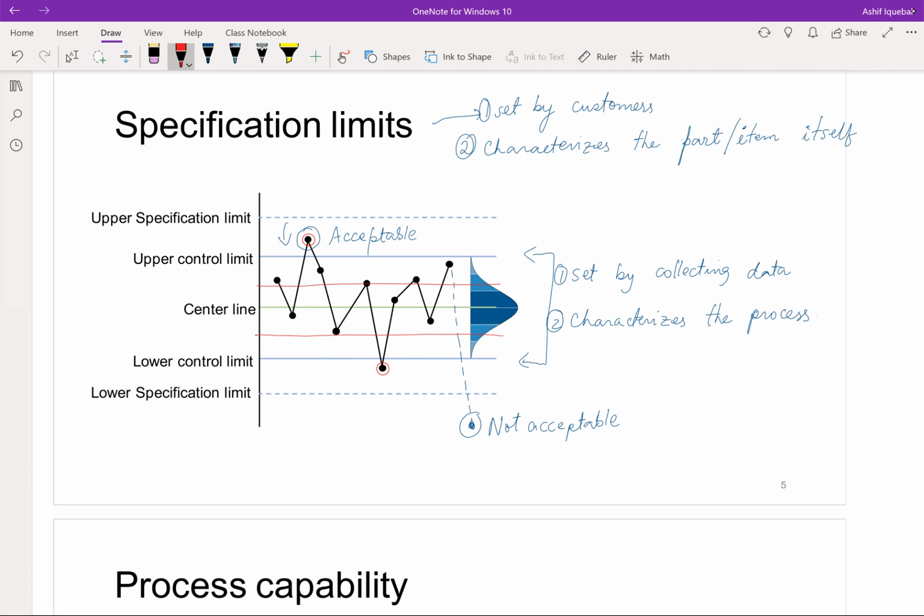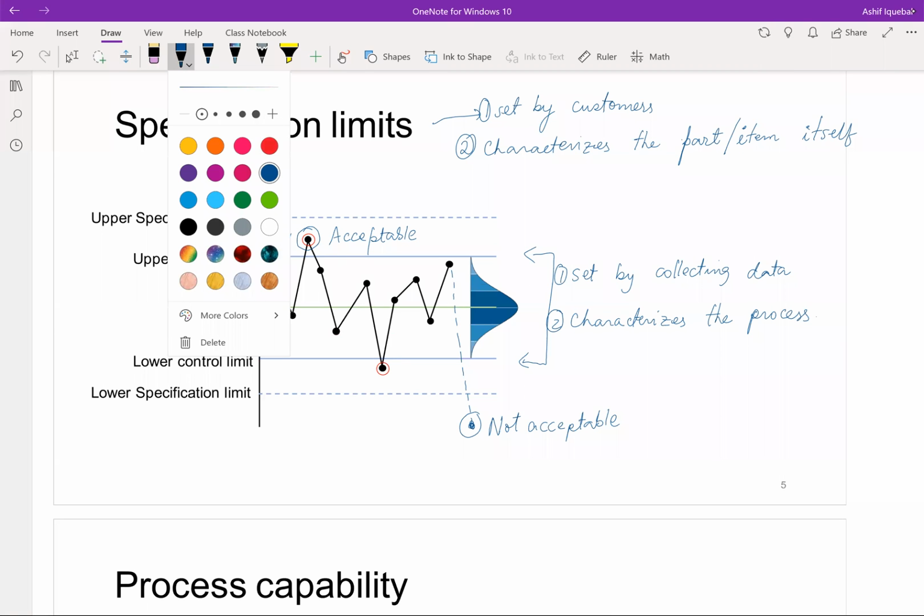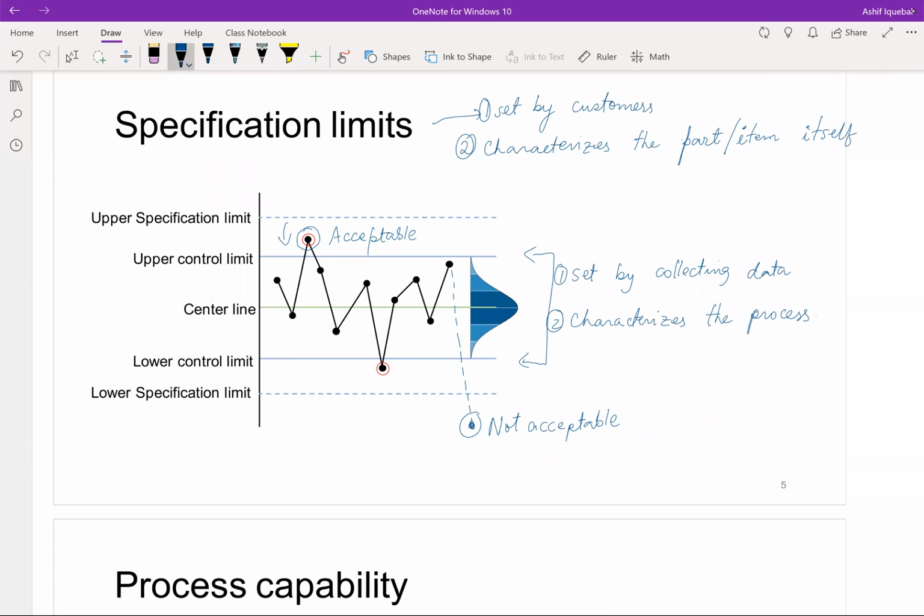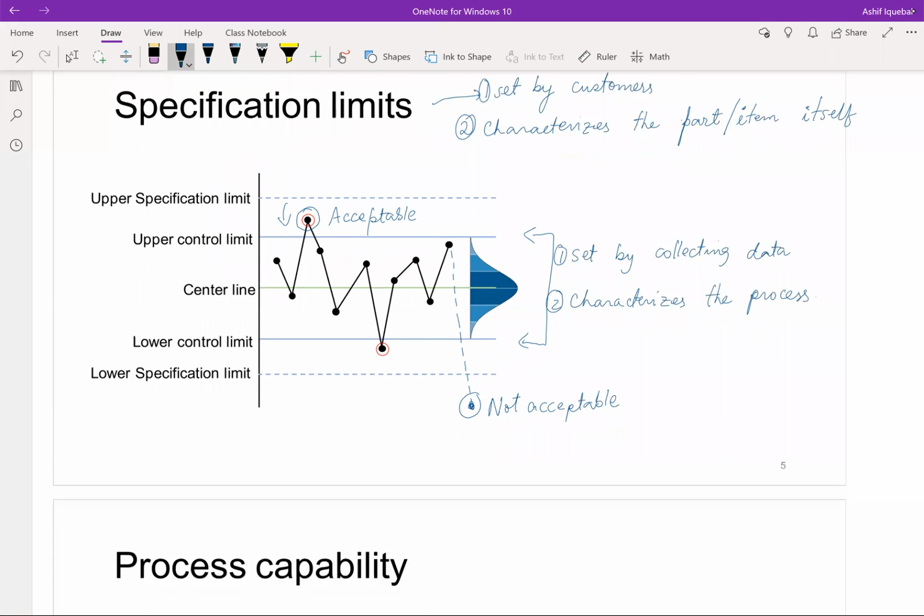And even if I put my specification limit exactly at the control limit, then also I'm going to produce a lot of defective components. So that's why in a majority of scenarios, your specification limits are drawn outside the control limits, right? So just remember that, and we'll talk about why this makes sense in a moment.